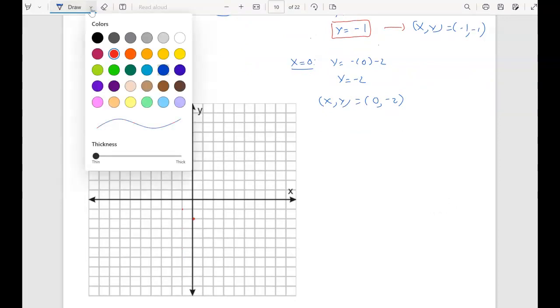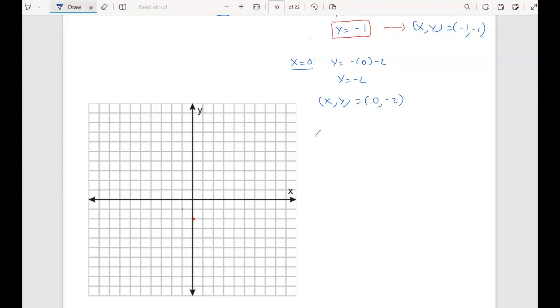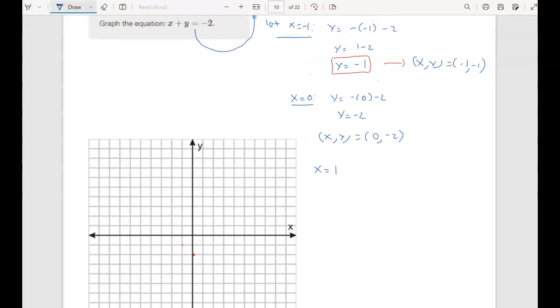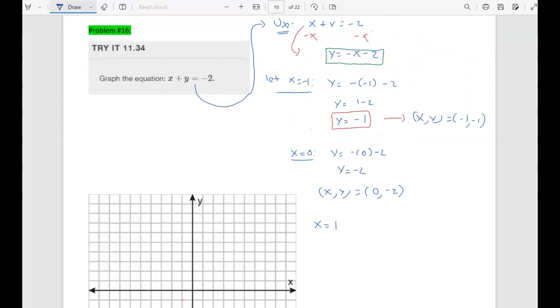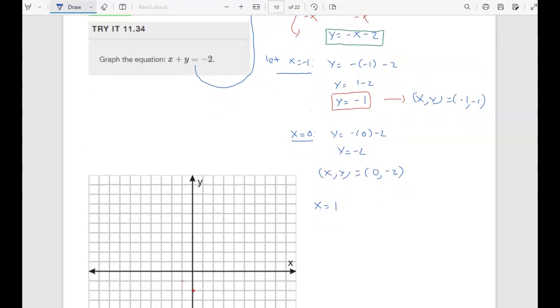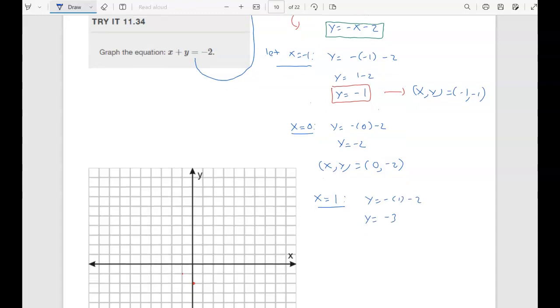Okay, so next value, we're going to use x is equal to 1. I'm trying to pick 0, something negative, and something positive. On the value of 1, our y is equal to -1 minus 2, so y is equal to -3.